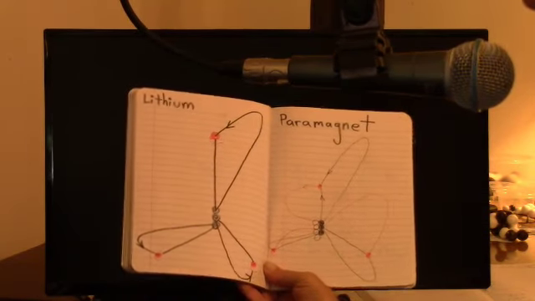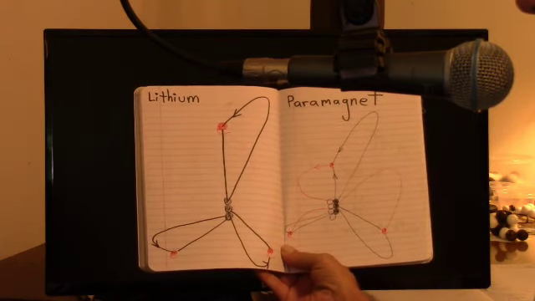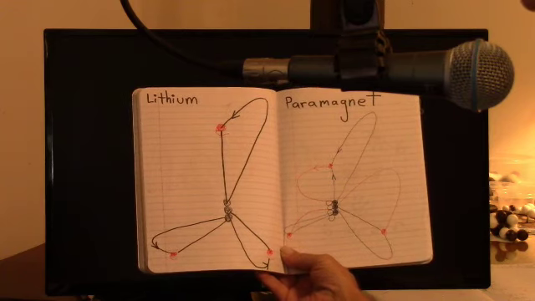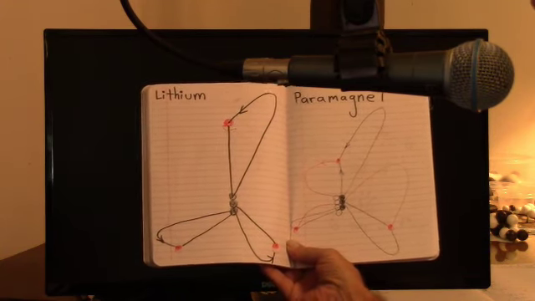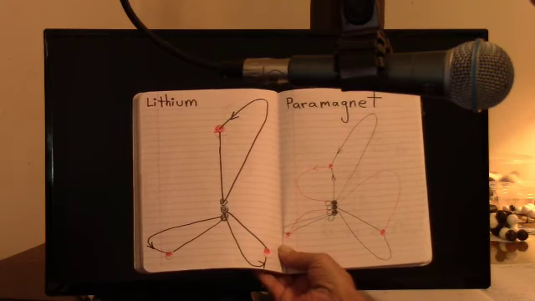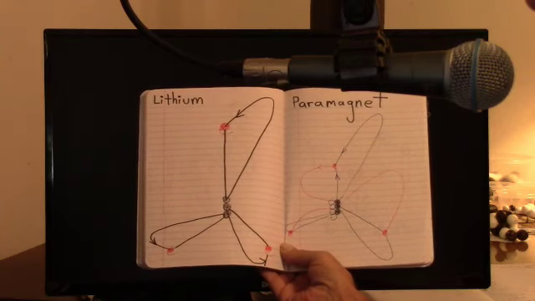All right, so here's lithium, and it's on the left. It's drawn with only the space-like dimensions shown, like a little propeller. But on the right, I've drawn lithium with all three dimensions connecting each red electron to each black proton.